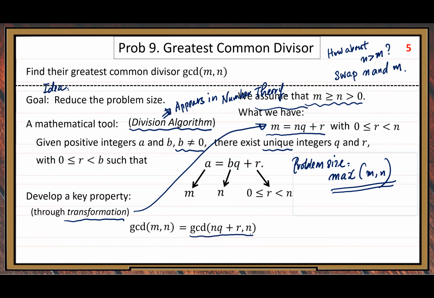The question is, we want to simplify it. Mainly here we see there is a term that is a multiple of n, n times q. Can we do some simplification regarding this multiple of n?